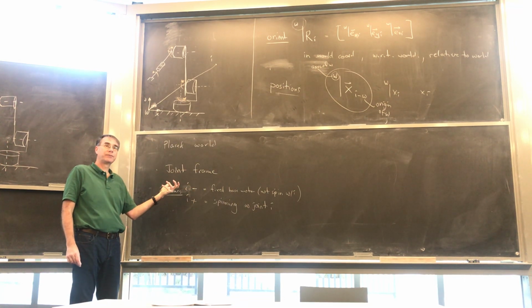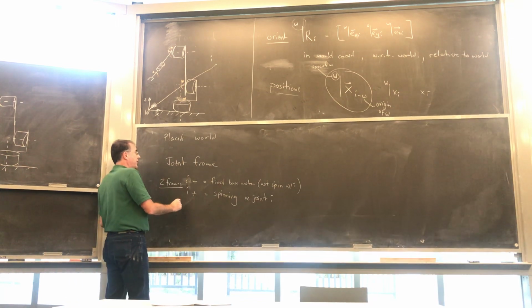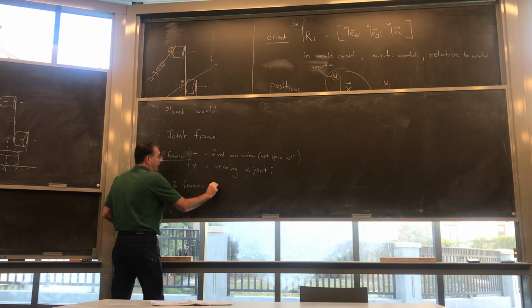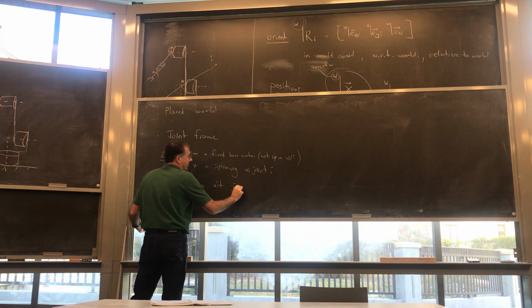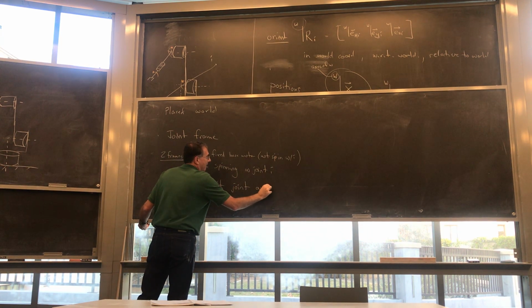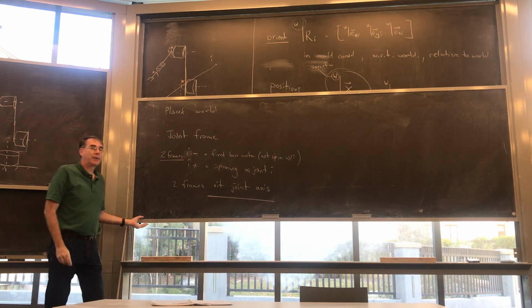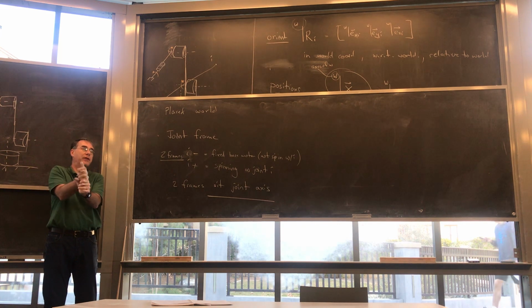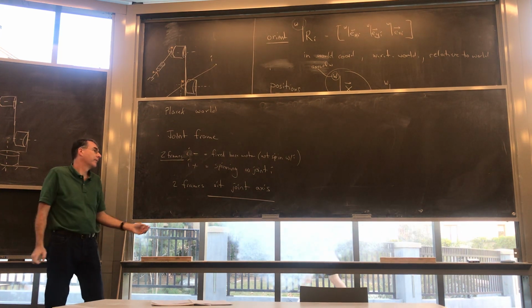Does that make sense? So by definition, these two frames are going to sit on the joint axis, because that's where the motor spins. So you put the frames on the axis and then one of the frames spins relative to the other one. Okay?